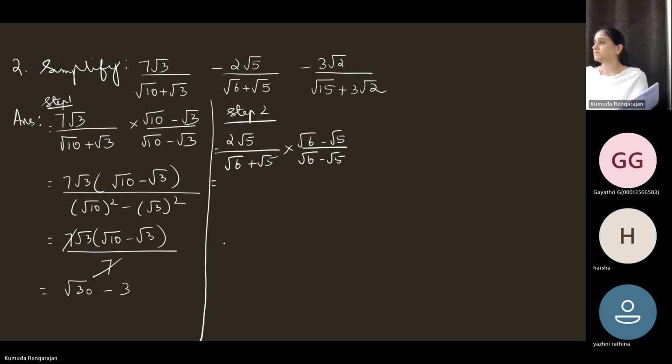No. How is it? 2 root 30 minus 10. Correct. 2 root 30 minus 2 root 3, that's for step 2. Correct. 2 root 30 minus 2 root 30 minus 10 is for step 2.